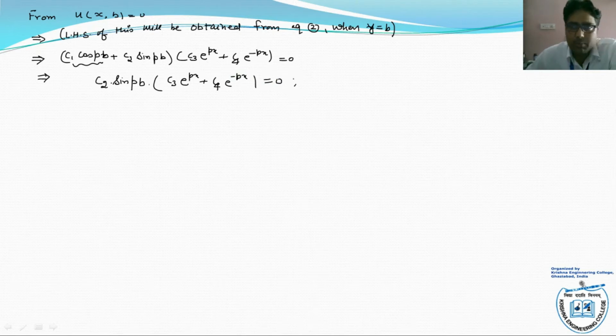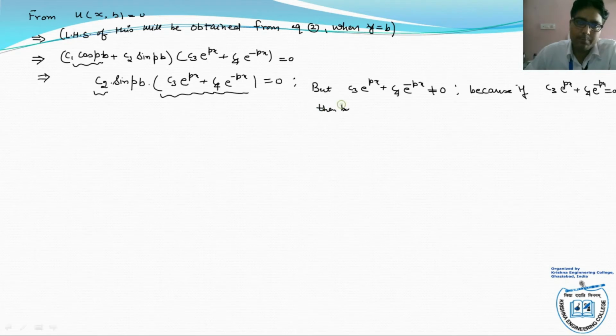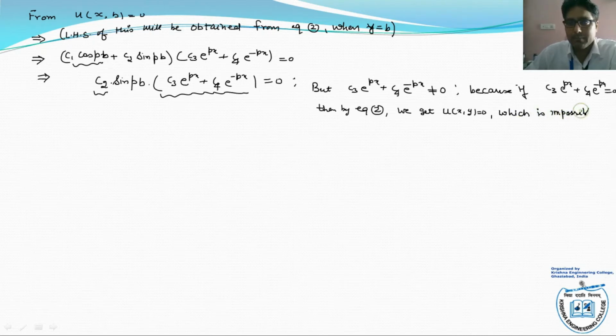Again we know that the product of 3 numbers will be 0 if and only if one of them is 0, but C3 e to the power px plus C4 e to the power minus px will never be 0, because if C3 e to the power px plus C4 e to the power minus px is equal to 0, then by equation second we get a 0 solution, u(x, y) is equal to 0, which is impossible.